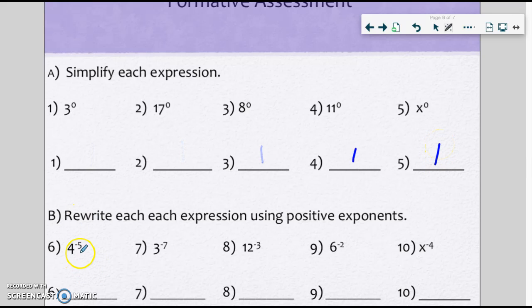All right. Now, how about when we write using positive exponents? I don't want you to go the whole way and simplify into a decimal. I want you to leave it as a fraction and an exponent.